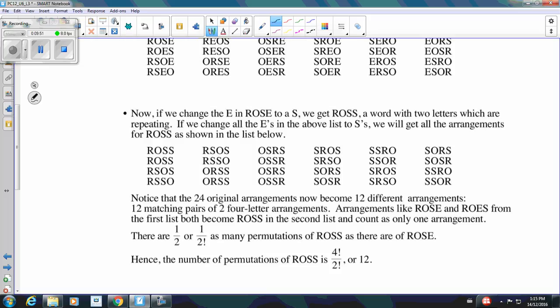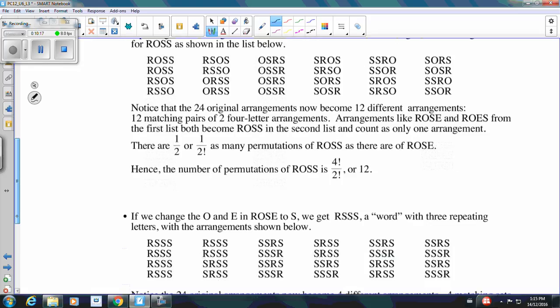So there's really 12 matching pairs of 2 4-letter arrangements. Arrangements like R-O-S-E and R-O-E-S from the first list both became Ross, or R-O-S-S, in the second list, and count as only 1. So there are half as many, or 1 over 2 factorial as many permutations of Ross as there are of Rose. Hence the number of permutations of Ross is 4 factorial over 2 factorial, or 12.